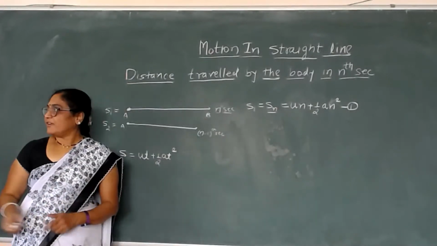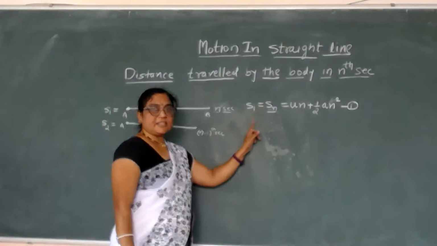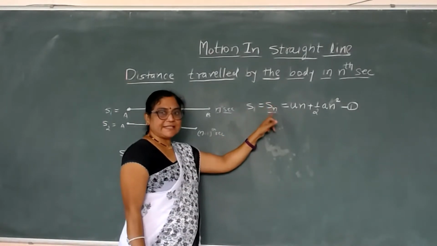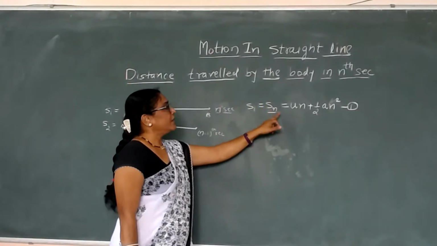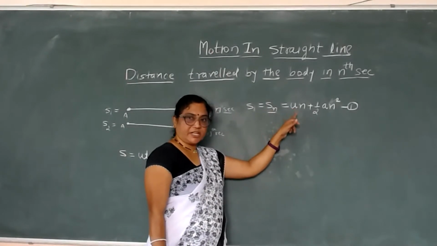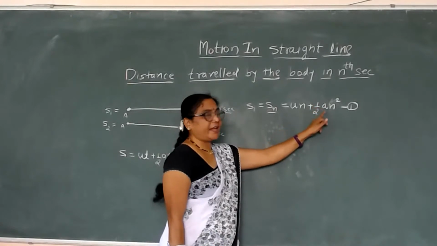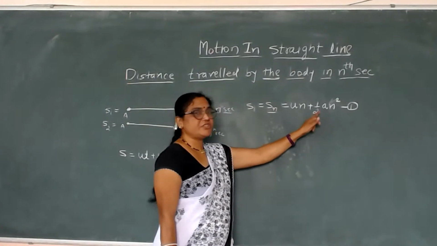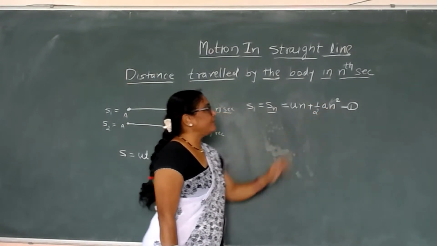So the distance covered by the body in n seconds is S1, the time being the nth second. So the distance covered by the body in nth second is equal to un + half an square, where u is the initial velocity, n is the time, and a is acceleration, which arises due to the change in velocity. So this is equation number 1.